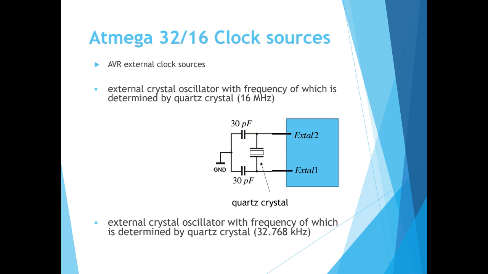One of them has a frequency equal to 16 megahertz, and the other one is equal to 32.768 kilohertz. As you see, about the external crystal oscillator, XTAL1 and XTAL2, both of them have connections, and as you see, they are connected to a quartz crystal, which can be, as I said, 16 megahertz or this value.